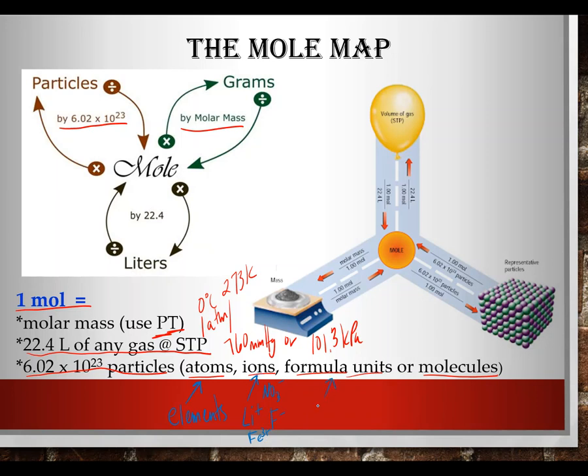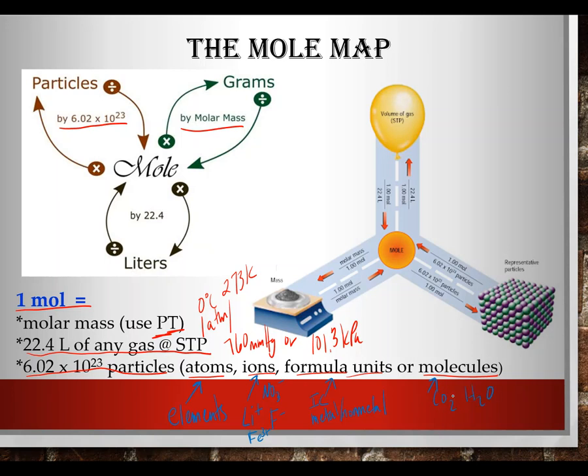Now, formula units are for ionic compounds. So that's going to be metal plus non-metal compounds, or ones that have polyatomic ions in them. And then this last one here, molecules, is for something that has a covalent bond. You can have covalent compounds where it's two different elements, like carbon dioxide, water.